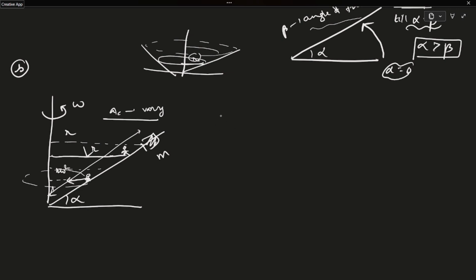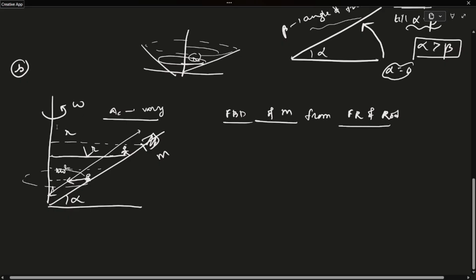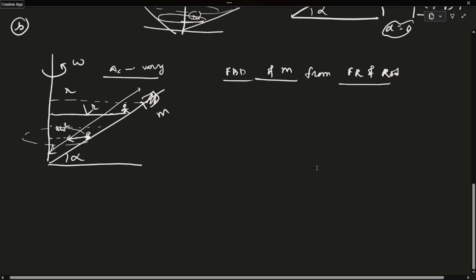If I draw a free body diagram of m from the frame of reference of the rod, at a point at perpendicular distance r from the axis. Sorry, this distance is perpendicular to the axis, not perpendicular to the rod.